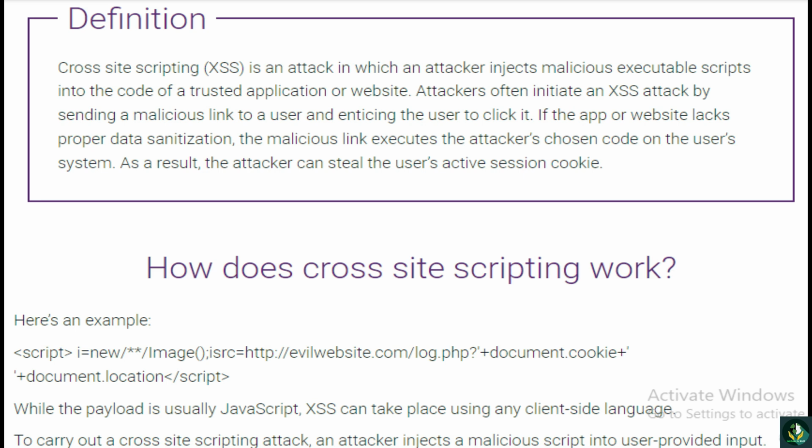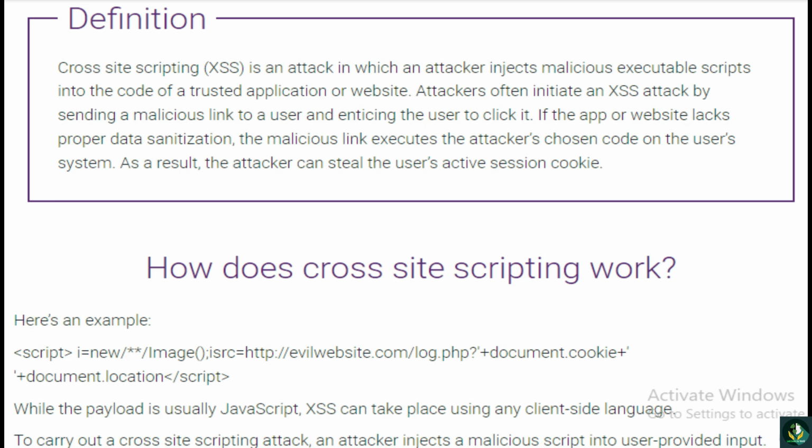Attackers often initiate an XSS attack by sending a malicious link to a user and inducing the user to click it. If the app or website lacks proper data sanitization, the malicious link executes the attacker's chosen code on the user's system. As a result, the attacker can steal the user's active session cookie.